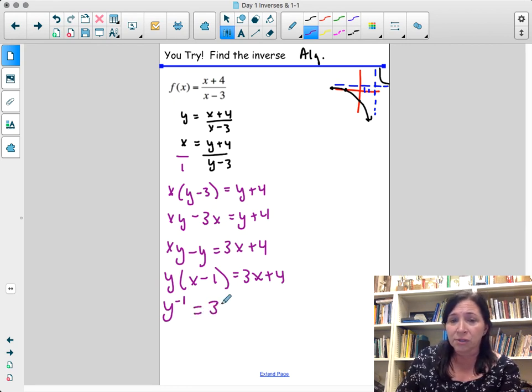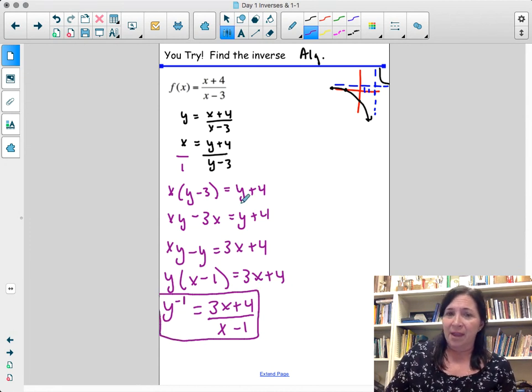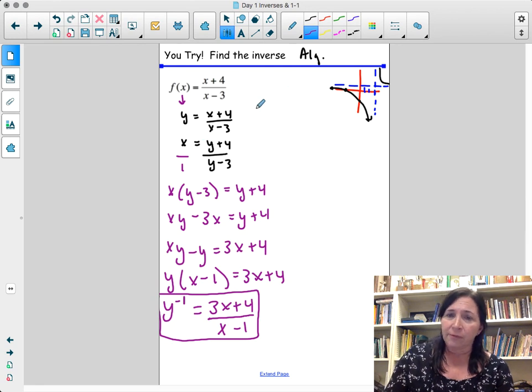And that's equal to 3x plus 4 over x minus 1. And so that is my inverse. Okay, so again, steps. Steps are change f of x to y. Check, did that. Switch your x and y. Solve for y. So, all right, we did it.